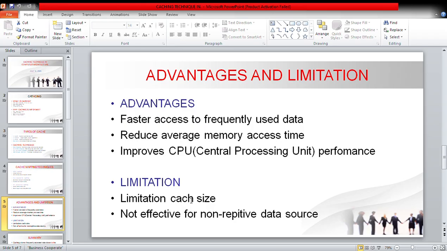Keep in mind, not effective for non-repetitive data sources.